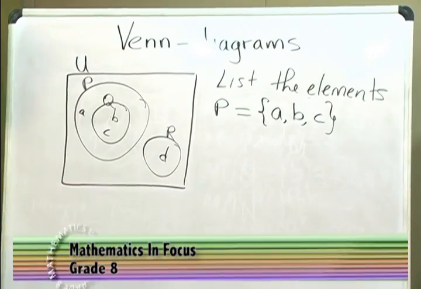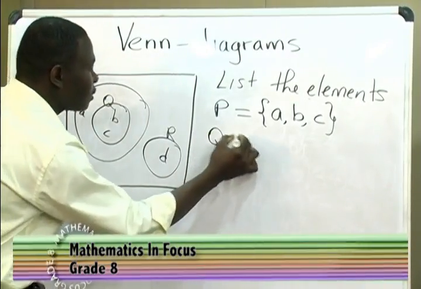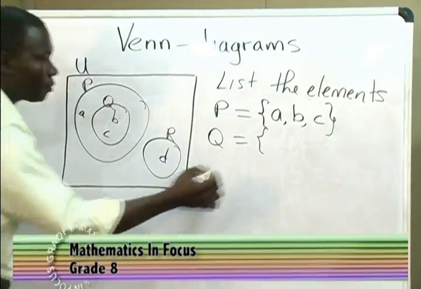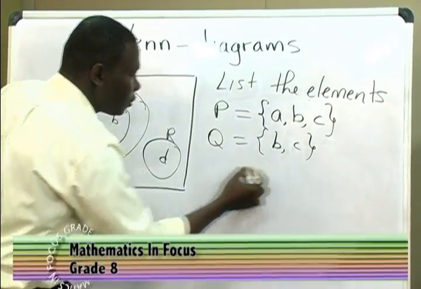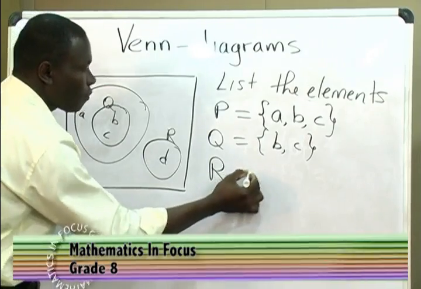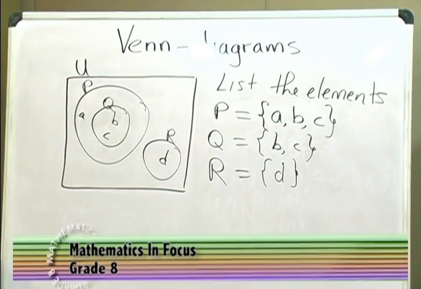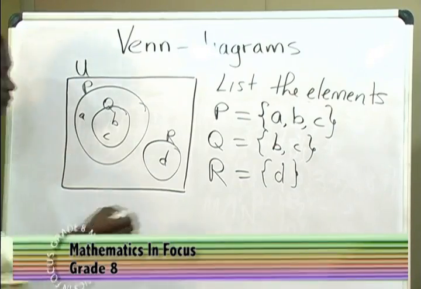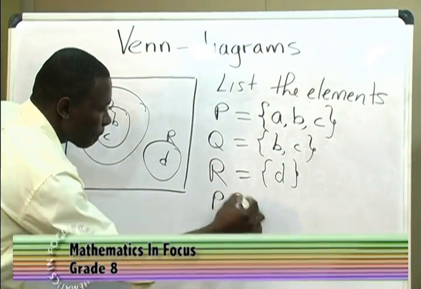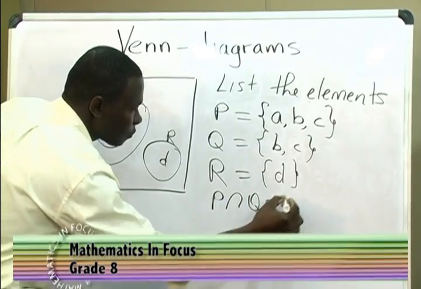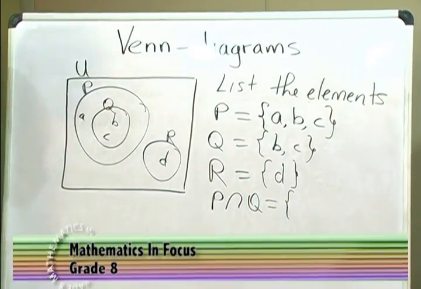Is that clear? Quickly then, what are the elements in Q? B and C. Correct. What are the elements in R? D. Very good. The elements in R will be D. P intersect Q. Elements in P intersect Q?